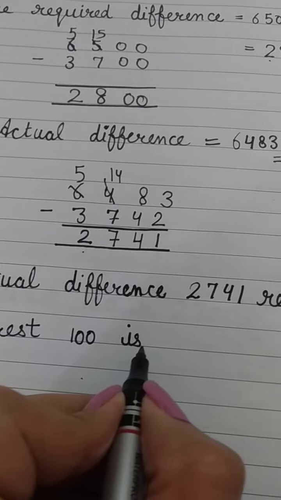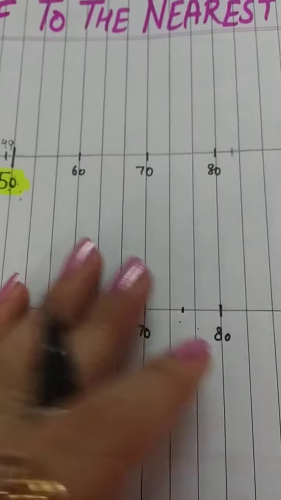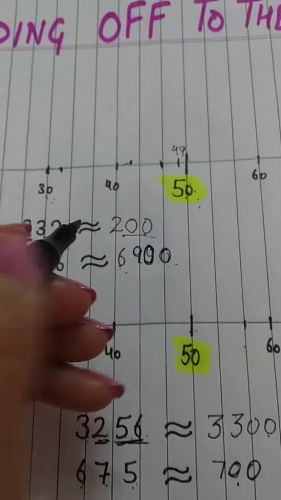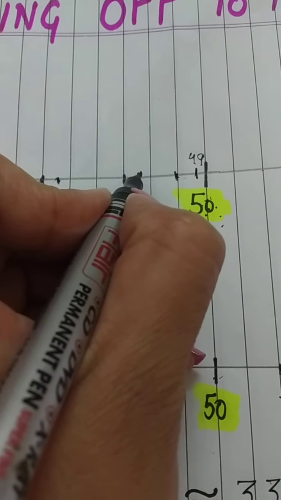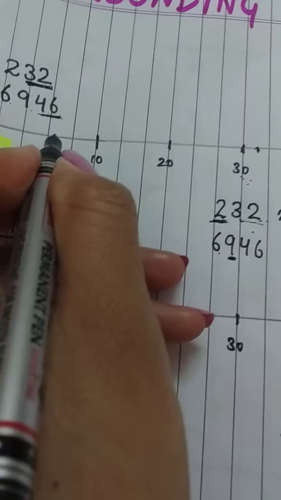2,741 rounded to the nearest 100 is... If I round off 2,741, 41 will be here, right, which is smaller than 50, so it will go to the previous 100.